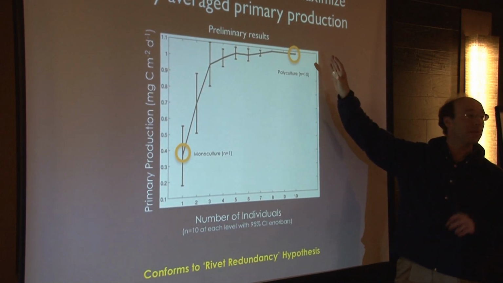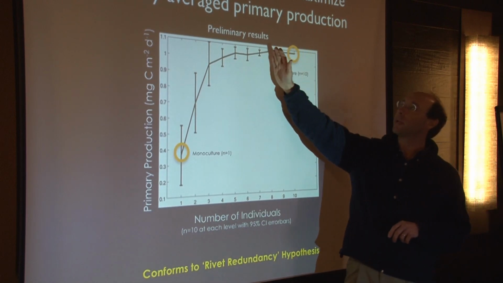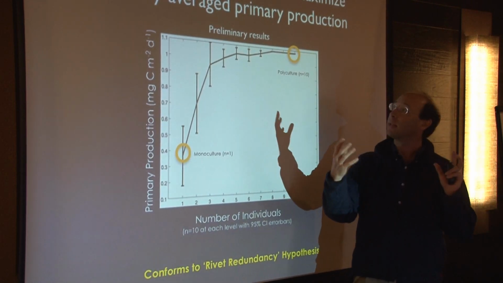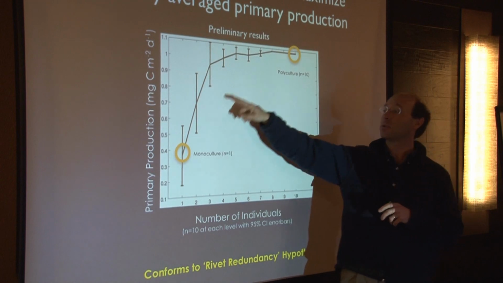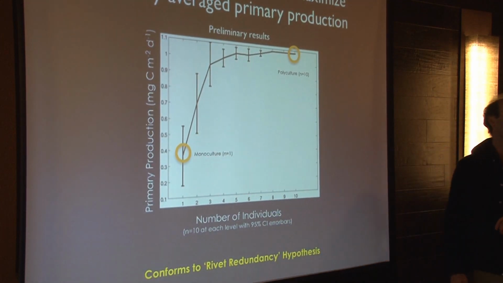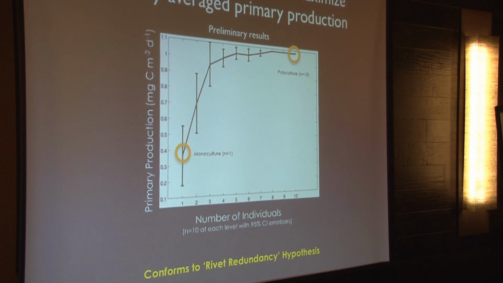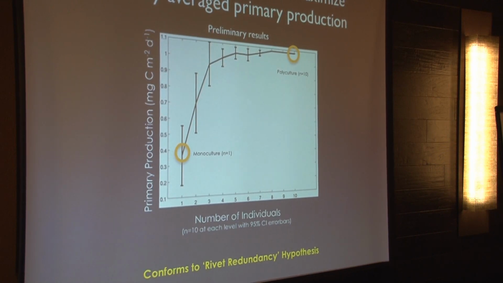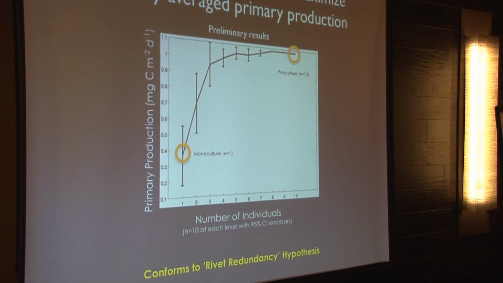And as we, one by one, in a random way, decrease the number of organisms that are present in that system down to 1, we get a substantial drop-off in total productivity. So if the goal is to both increase upwelling and maximize that primary productivity, you may want not just one, but a few organisms that can compete and survive in this particular environment that you do it in. The paradox of the plankton.